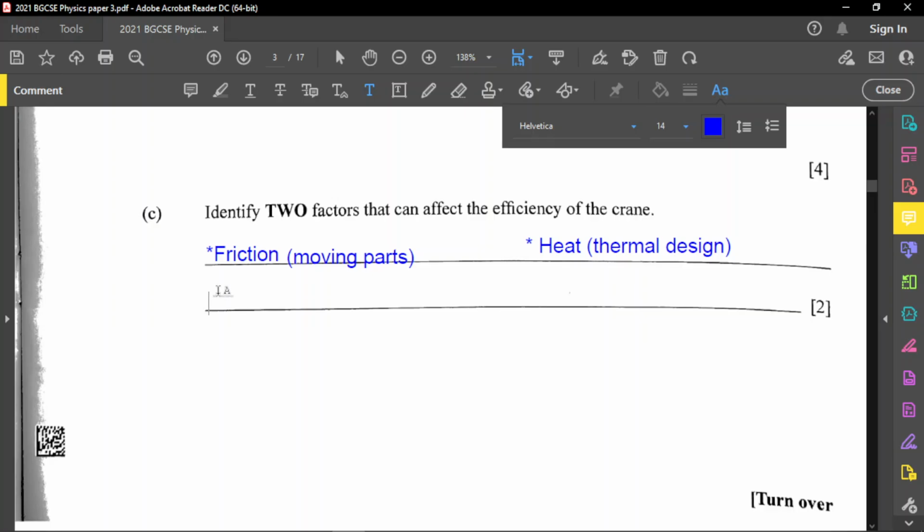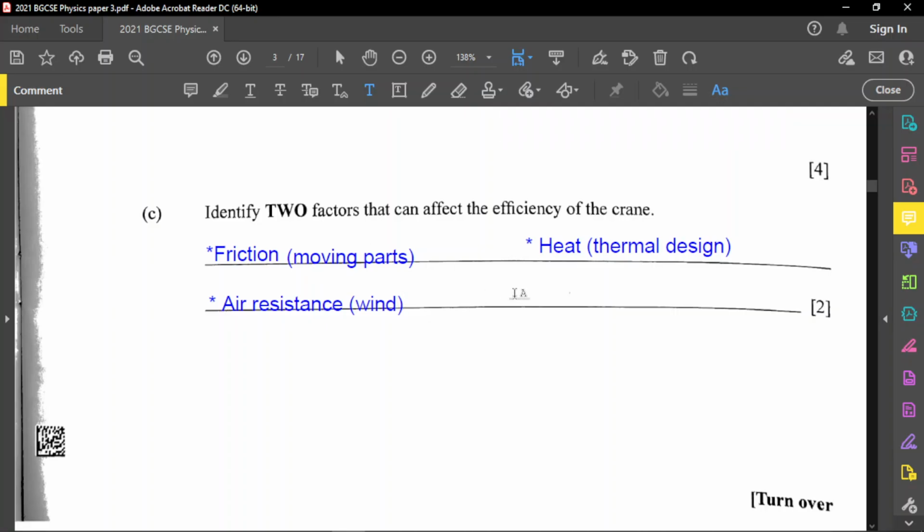A point to note is that some days may be more windy than others. So the crane may work against the wind on some days more than other days. It could be against the wind or against the air going upwards.